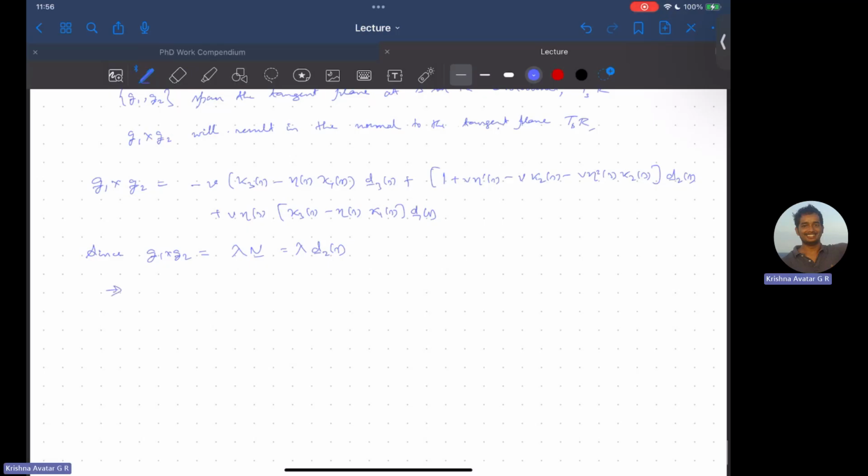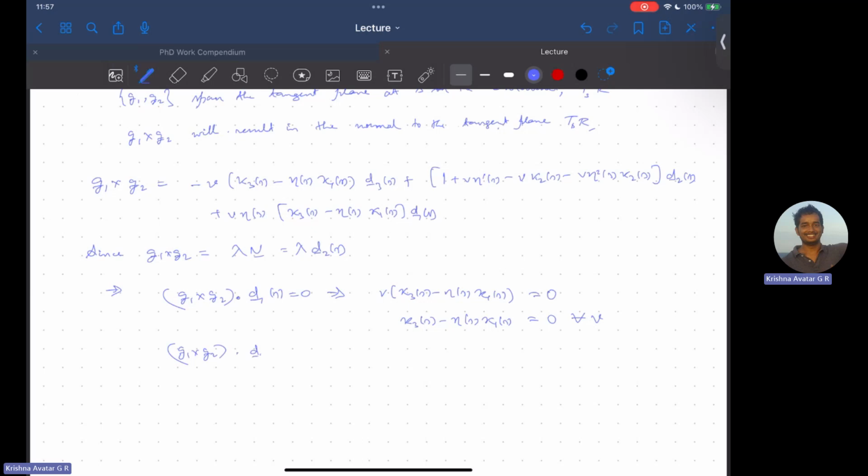This implies that g1 cross g2 dot product with d1 of s has to be 0. So this means that v kappa 3 of s minus eta of s equals 0, for all v.